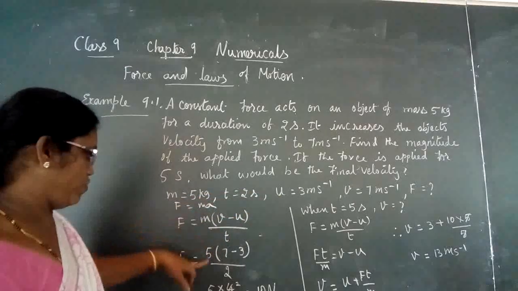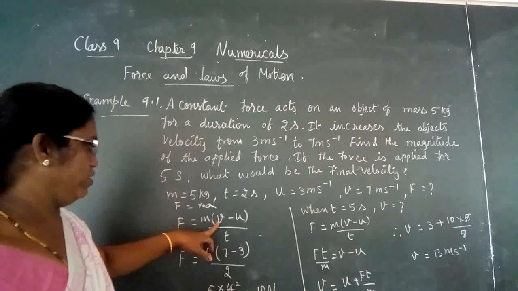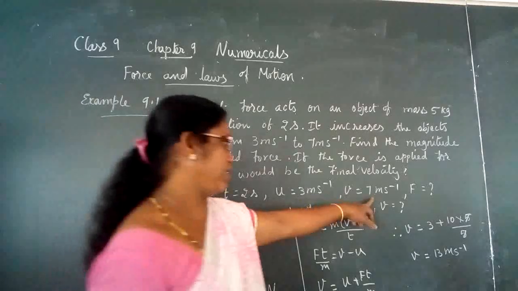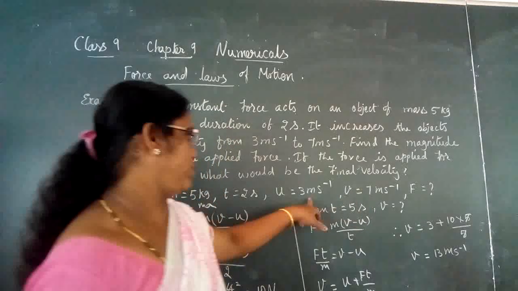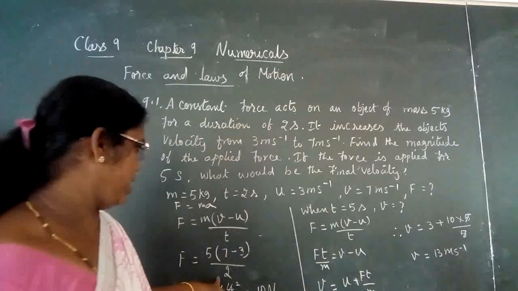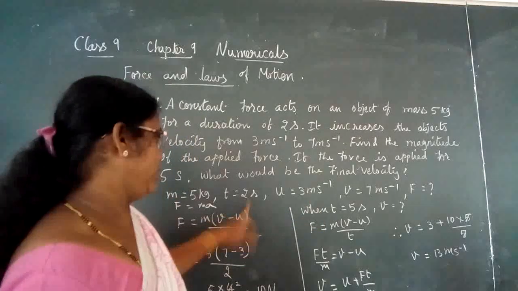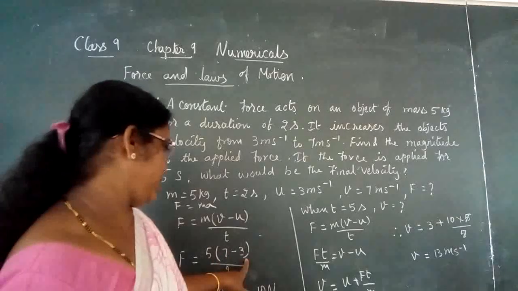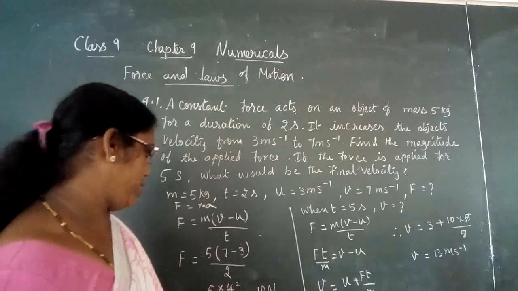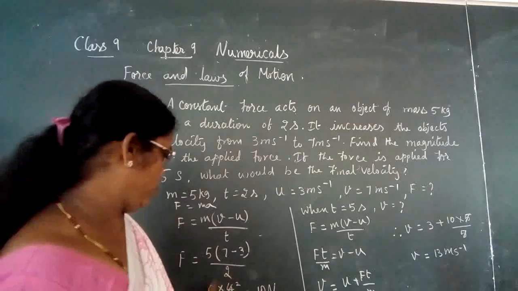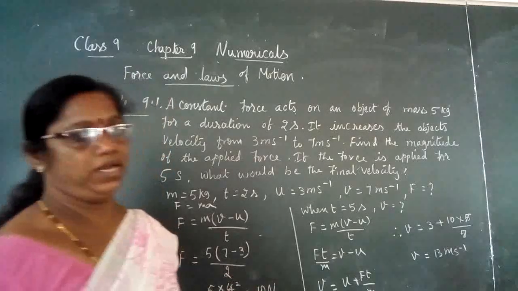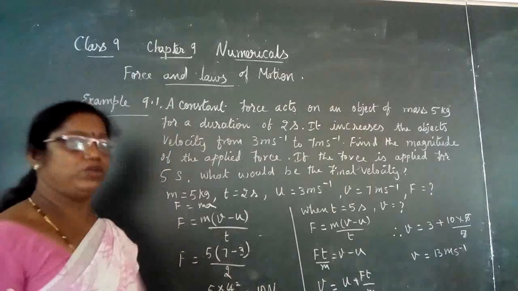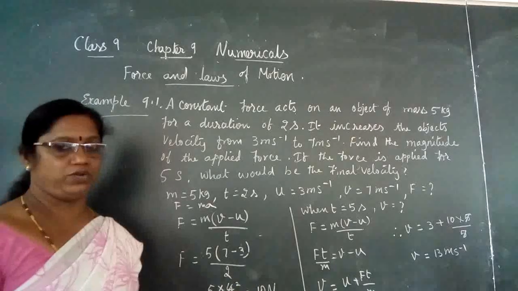Mass is 5 into the final velocity 7 minus initial velocity 3 divided by the time 2 seconds. So 5 into 7 minus 3 gives you 4, divided by 2. 2 2s are 4, 5 2s are 10 Newton. So the force acting on the object was 10 Newton.